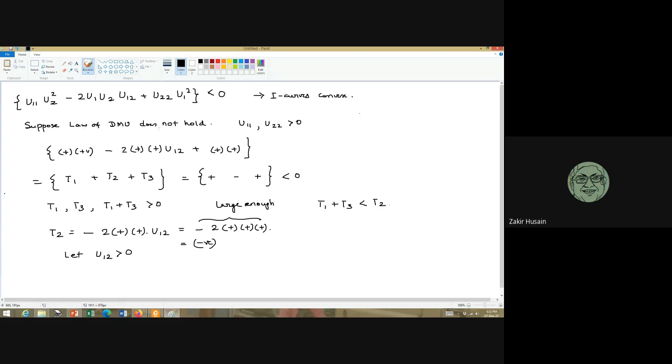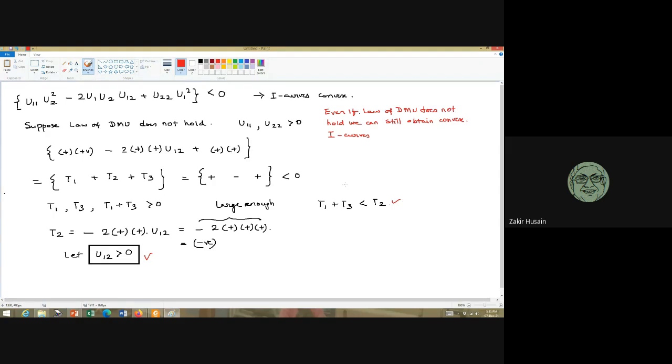So even if the law of diminishing marginal utility does not hold, okay, I'm still able to derive convex indifference curves.